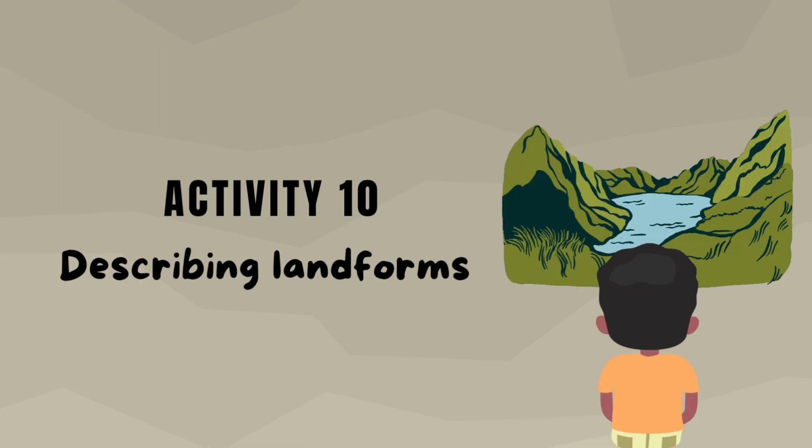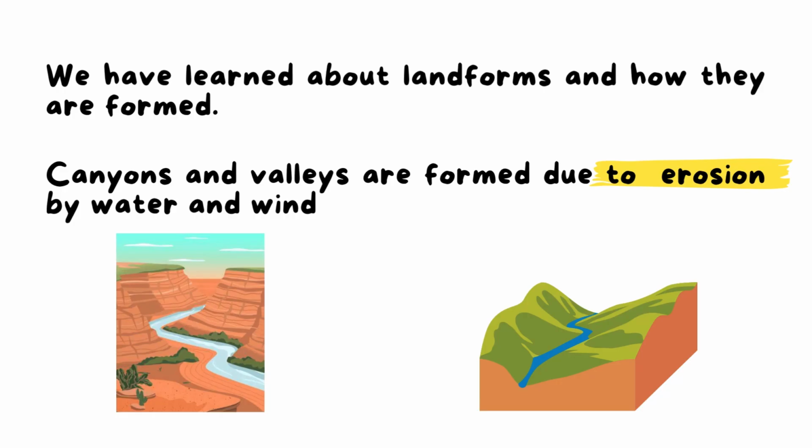Now we have lesson 5, activity 10, describing landforms. We have learned about landforms, like what we studied: canyons, valleys, sand dunes, deltas. All of them are landforms. So we have learned about the landforms and how they are formed. Canyons and valleys are formed due to what?